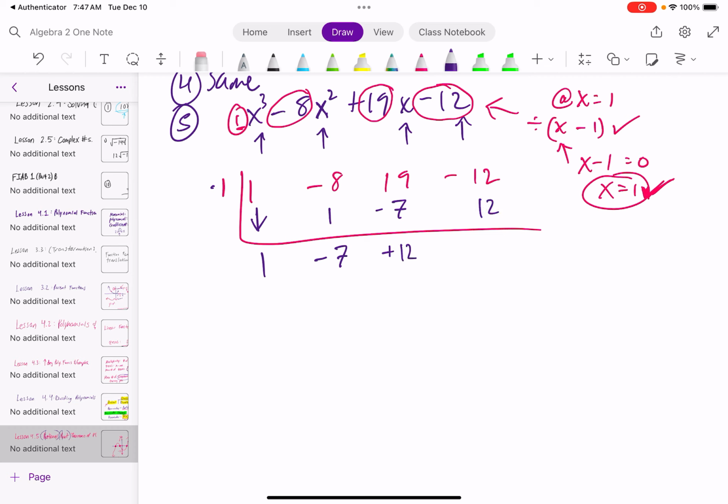Times 1 gives me 12, and if you add them, you get 0. That is your remainder. Because you got a remainder of 0, this indicates that x minus 1 is a factor of the polynomial.